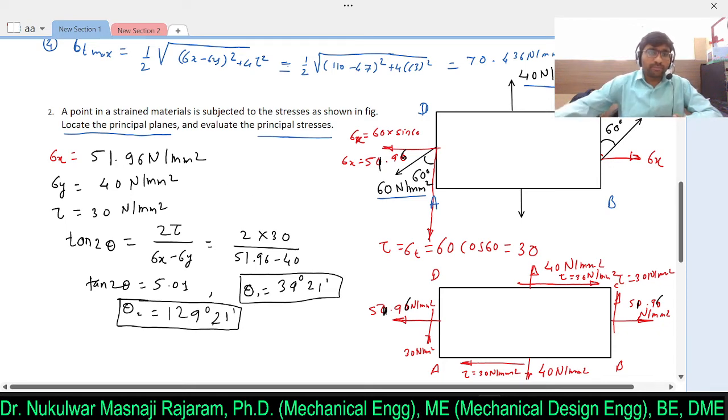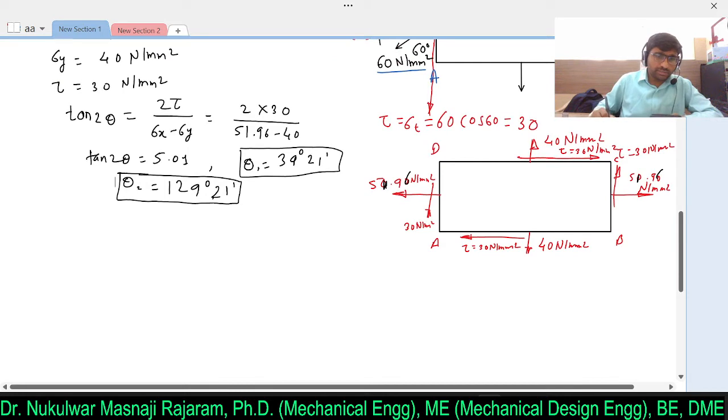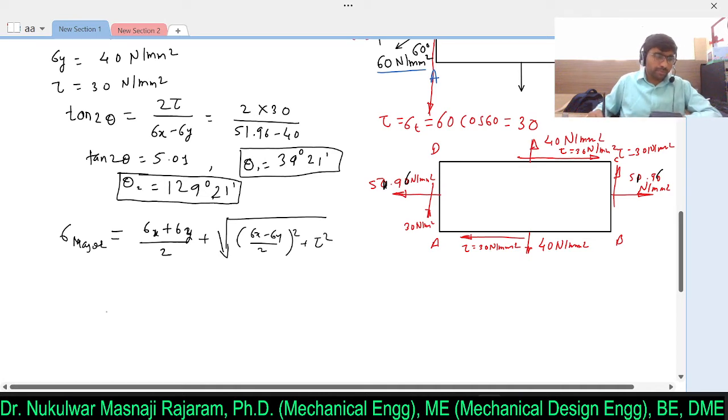Next, evaluate the principal stresses. It is the same formula which we have used earlier, that is sigma major principal stress equal to sigma x plus sigma y divided by 2 plus under root of sigma x minus sigma y divided by 2 whole square plus tau square.